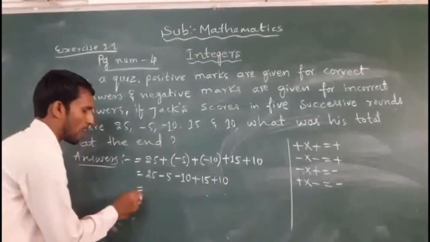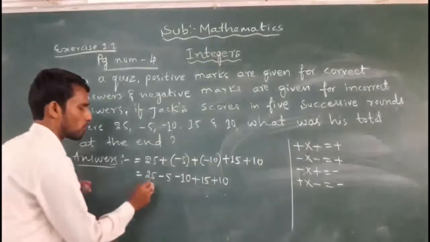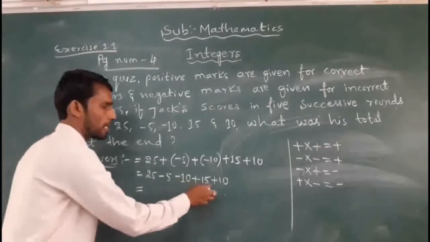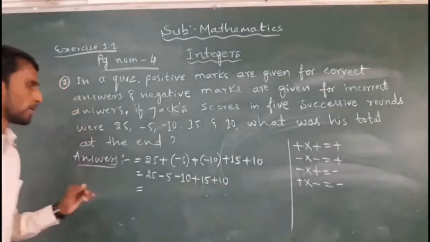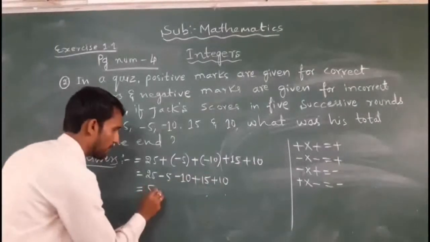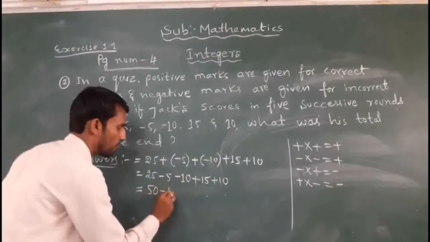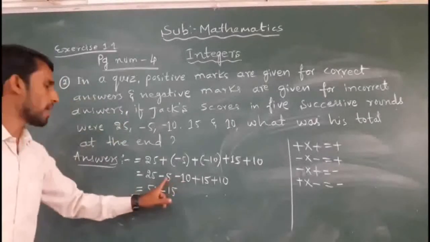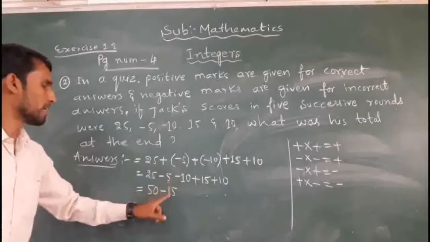We have to add positive numbers only. 25 plus 15, that is 40. 40 plus 10 is 50. Then 5 plus 10, we have negative numbers, we will get 15.